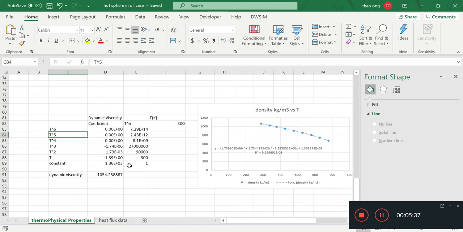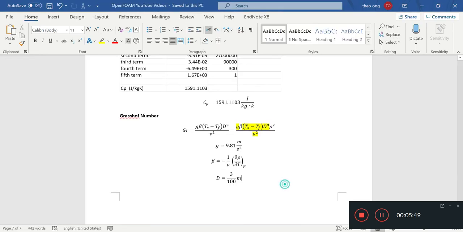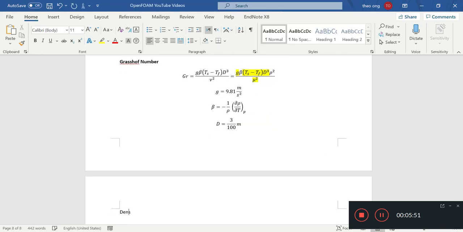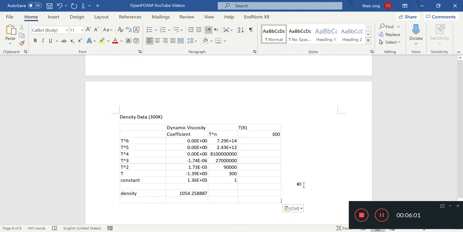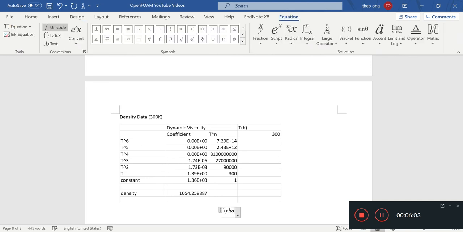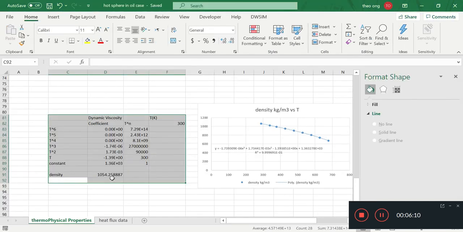Alright, so you have a density of this much, 1054 point something, so that's the density. Okay, so density is here, density data at 300 K, and I'm going to paste the picture. There we go. Rho equals 1054.2588. Alright, so what I need to do is just copy and paste here.